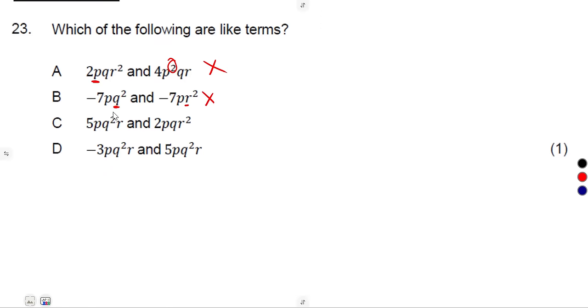There is a q squared, but this one is just q. That alone is totally out. There is r here, and there is r squared. Totally out. There is p, q squared, and r and r, exactly the same term.